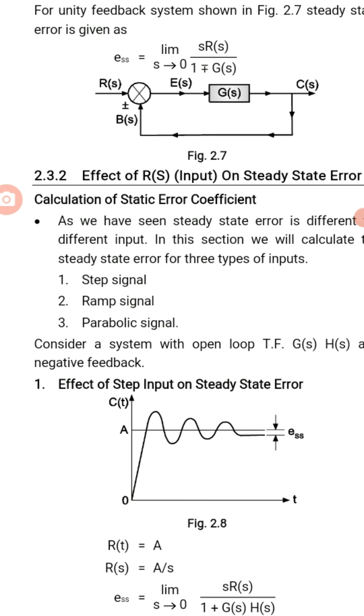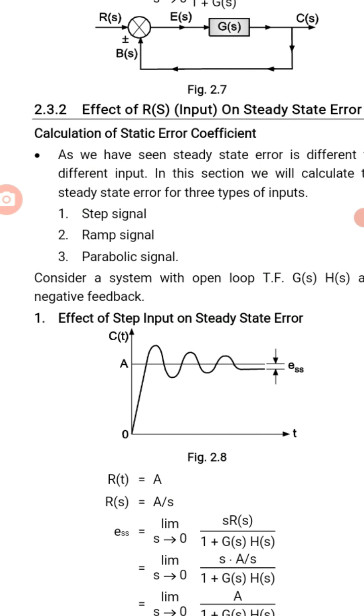Now let us understand the static error coefficients. What will be the steady state error if the input is a standard input? If the input changes, the steady state error changes.